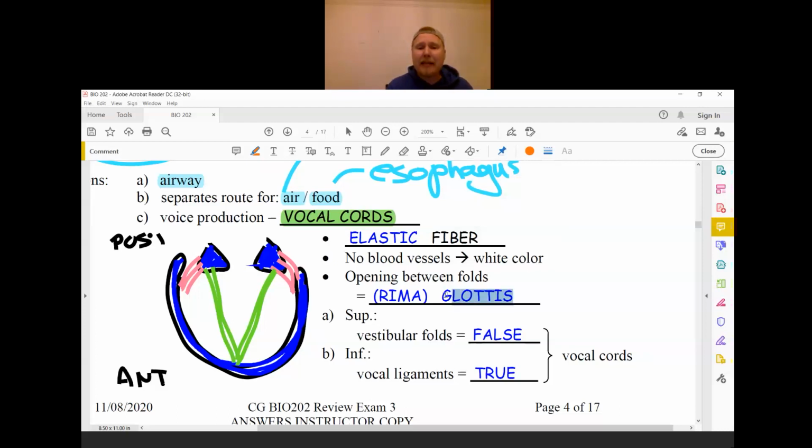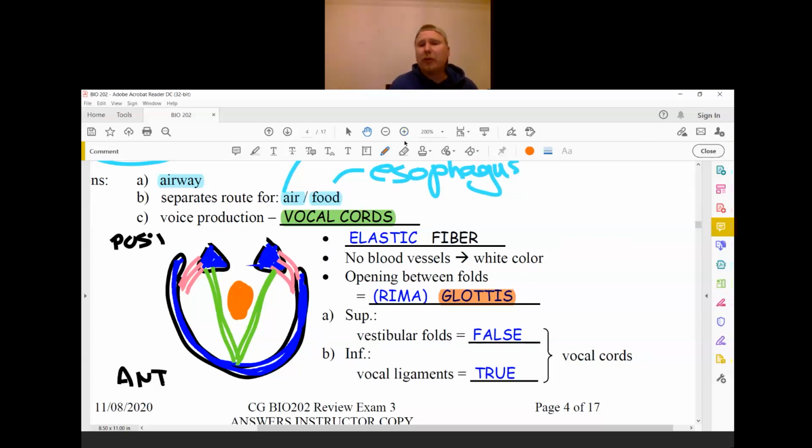But the space that's located between the vocal cords has a specific name, a specific term that we want to know. That is known as the rima glottidis, or sometimes glottis in a simpler version. I mentioned that there's two sets of vocal cords, more superiorly, something that we call vestibular folds.